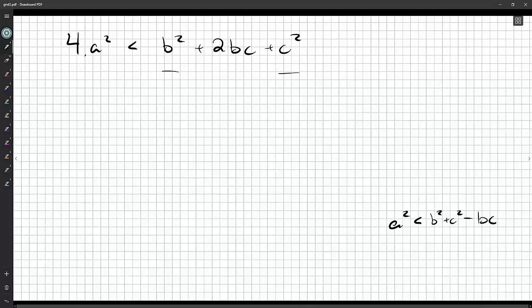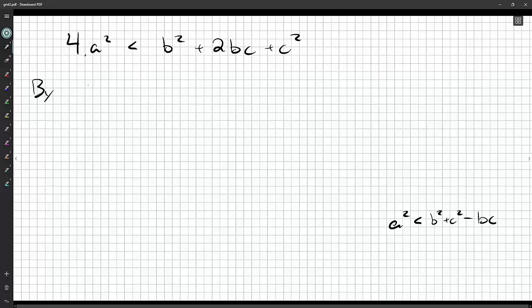Okay, so I need to keep these b squareds and c squareds where they are, but I need to somehow introduce negative 3bc's to this process. So 4a squared, and what in the world could I do? Maybe I do need the triangle inequality. So what would we say?